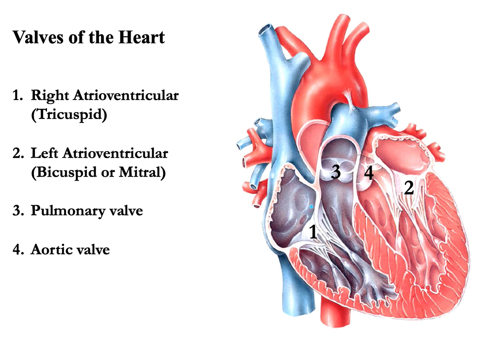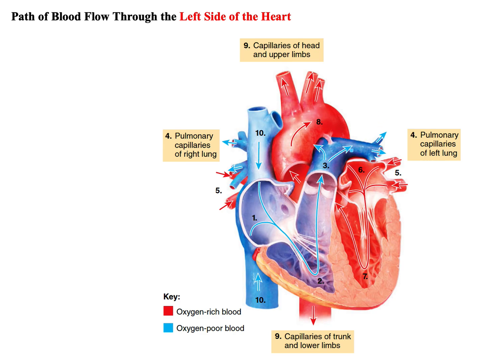Now, this is again a coronal section of the heart showing the four valves, the atrioventricular valves and the semilunar valves, including the pulmonary and aortic valves. In this figure also, you can read the legends written here and follow the steps of the deoxygenated blood.